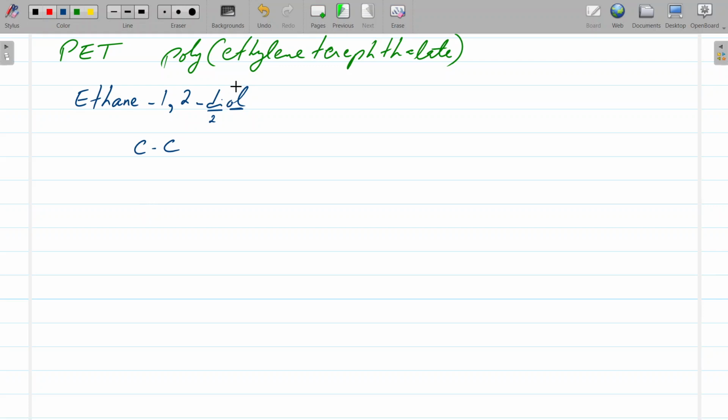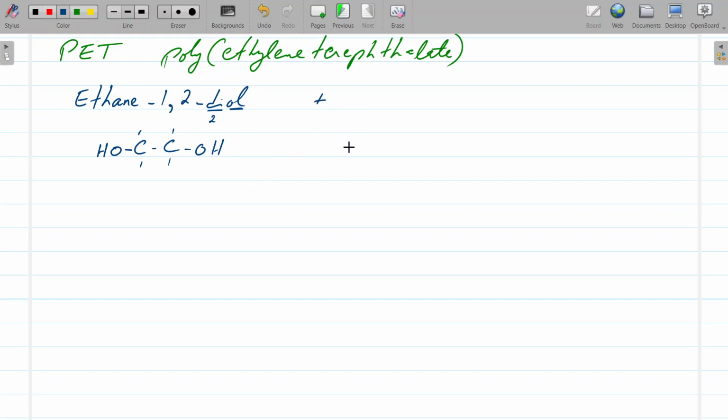Alcohol. Exactly. So not ethanol, but ethane, because it's two carbons, and what they did is add OH groups to both sides. So this is a diol, it's a double alcohol.